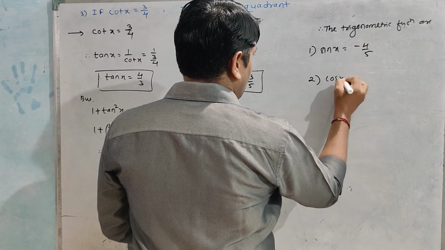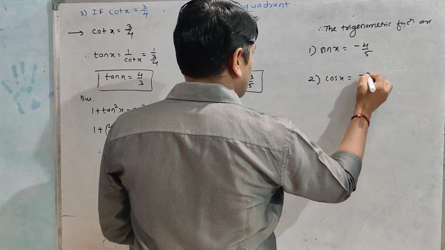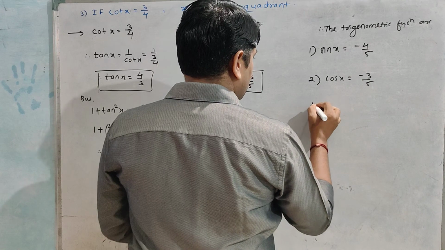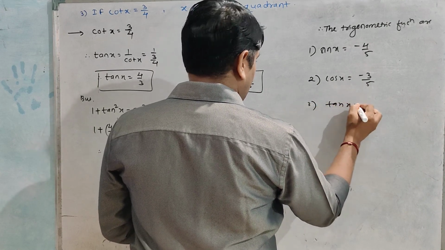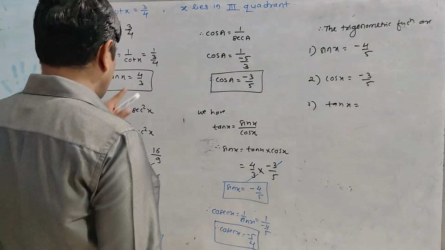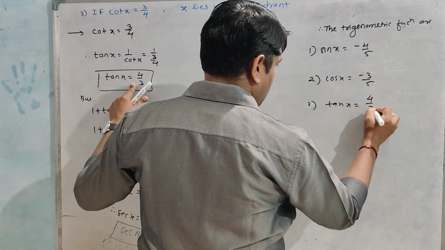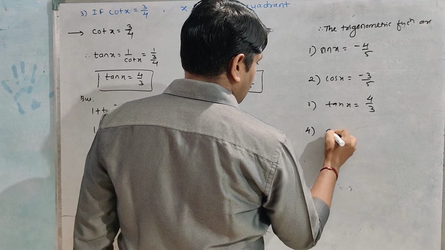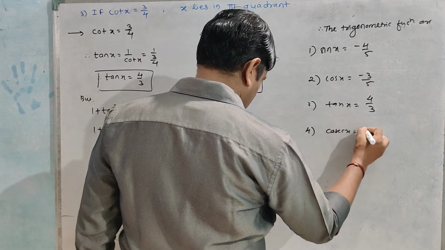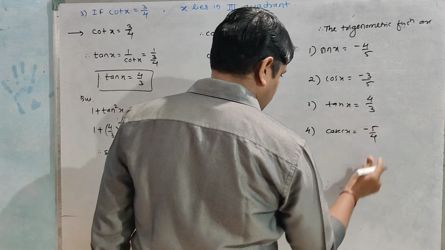Second one, cos x. Cos x is minus 3 upon 5. Third one, tan x. Tan x we found out, it is 4/3. Then fourth one, cosec x, cosec is minus 5/4.